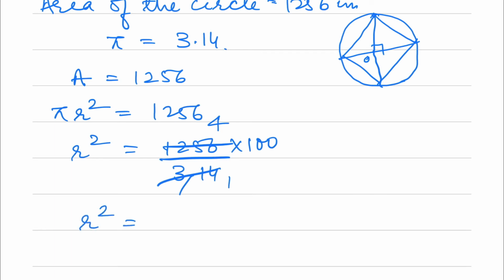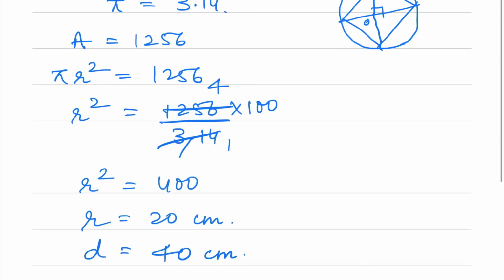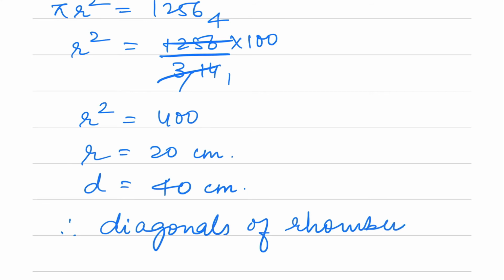So radius square is 400, so radius is equal to 20 centimeter and diameter will be equal to 40 centimeter. So both the diagonals are equal in this case, therefore diagonals of the rhombus are 40 centimeter each.